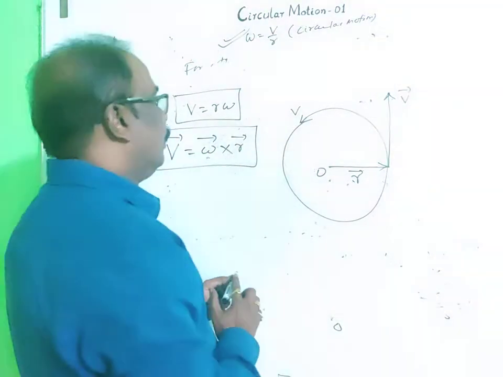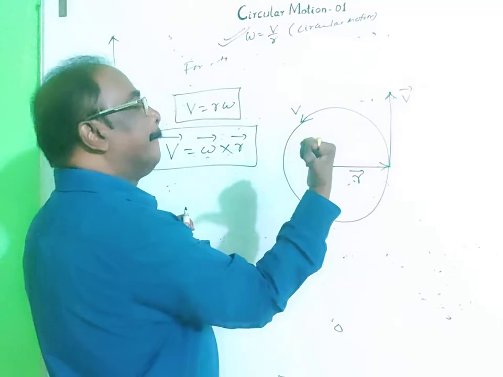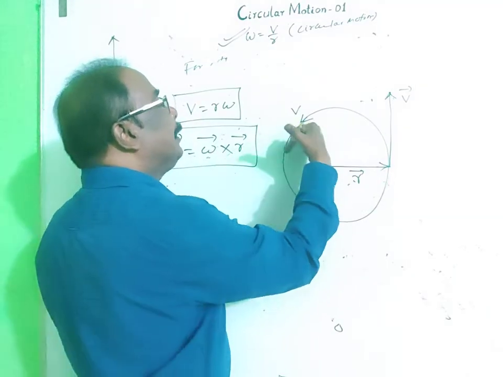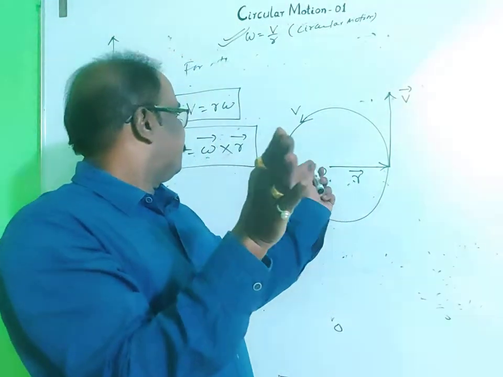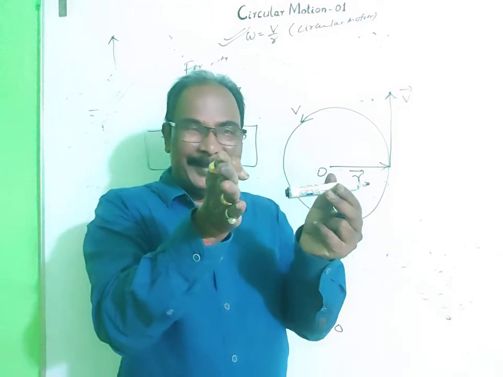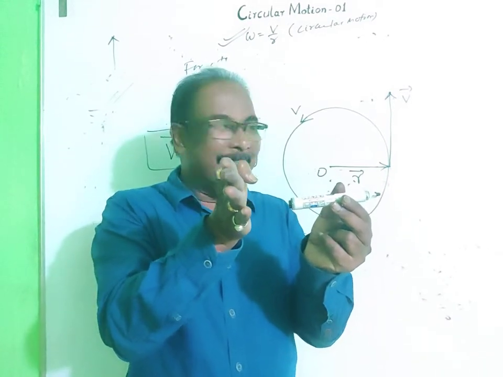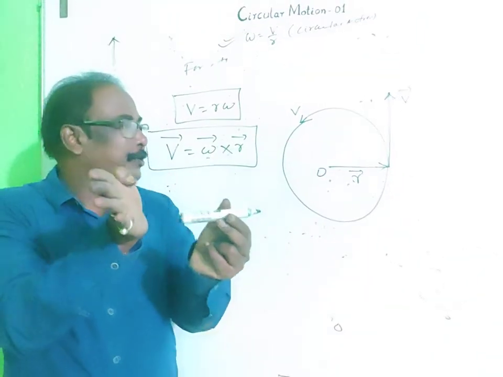See, the direction of omega is perpendicular to the plane, in this case outward. This is the direction of omega, and this is the direction of r. Keep the fingers of your right hand along the direction of omega.